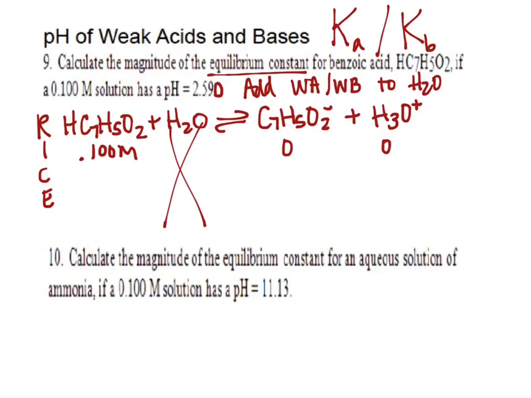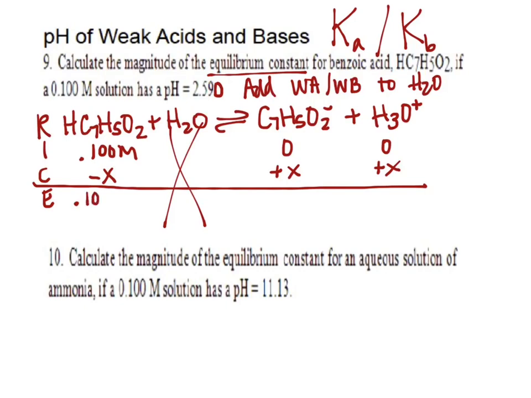It's aqueous, that's all. Then our change is going to be our coefficient, so minus x, plus x, plus x. And our equilibrium is going to be 0.100 molar minus x, and we have x and x.